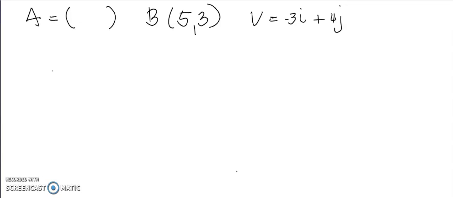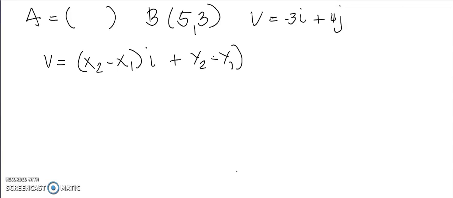Using our formula for the vector, the vector is equal to x sub 2 minus x1 i plus y sub 2 minus y sub 1 j.